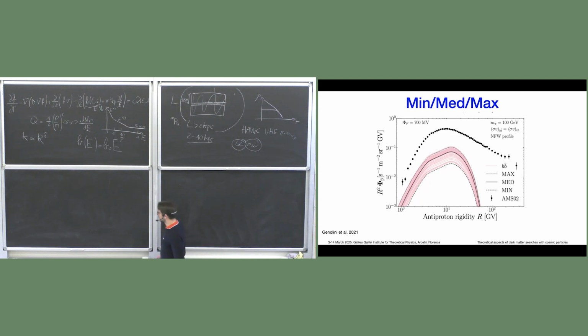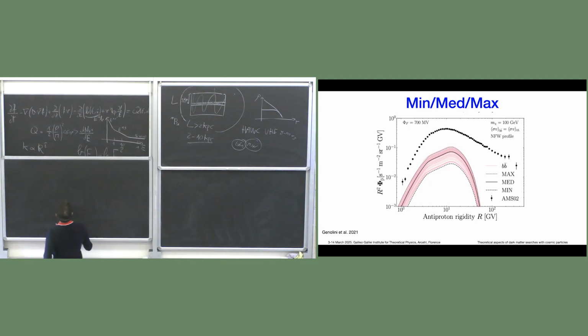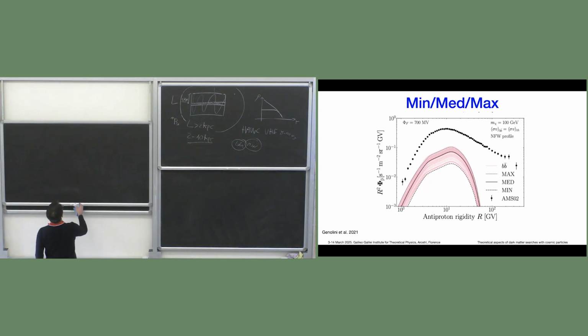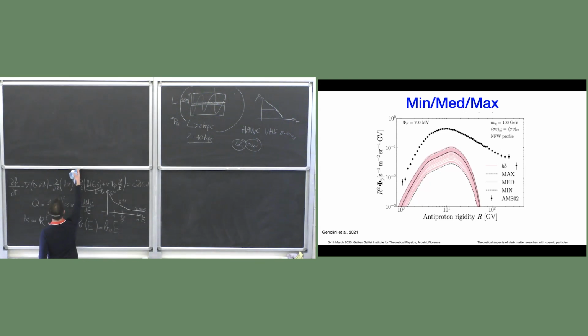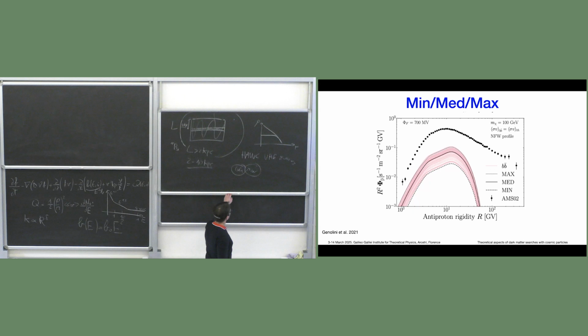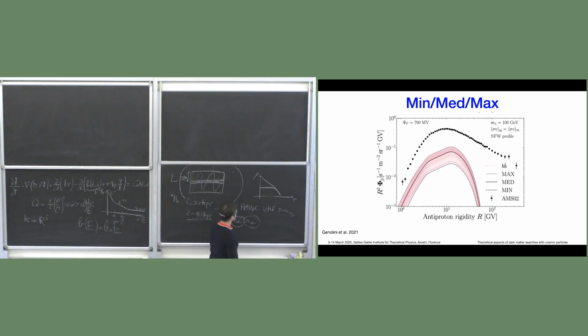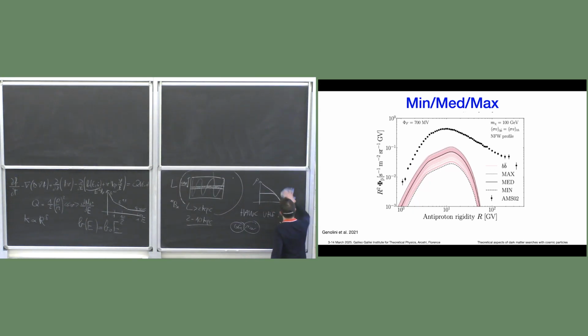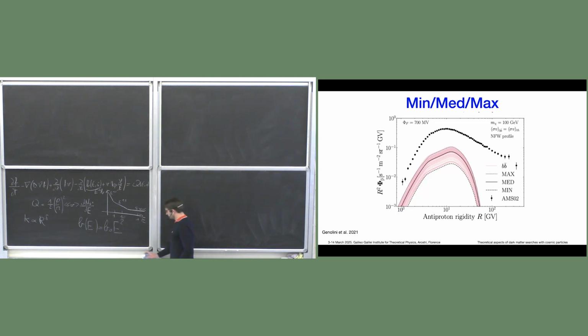What can protons do in the galaxy? So antiprotons can collide with interstellar medium atoms. So you have to take into account nuclear cross sections.